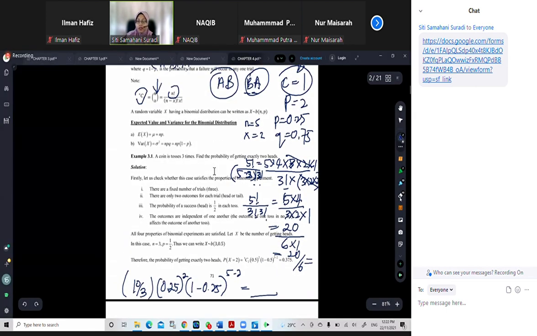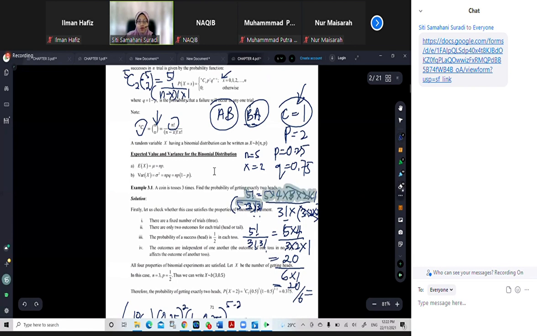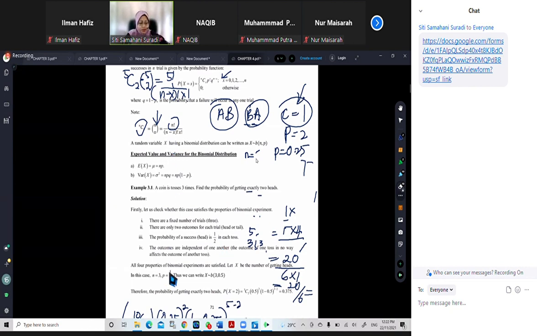Okay, so here for example for binomial distributions, so the random variable X is showing discrete. For the discrete random variable, we can express by using binomial distribution for discrete because it is countable.